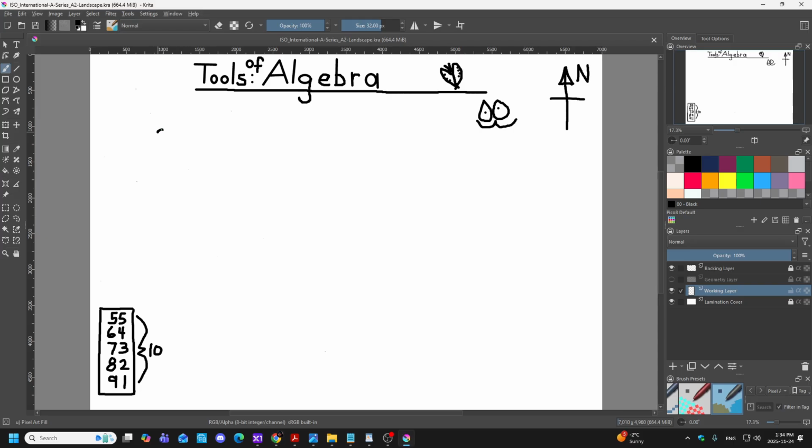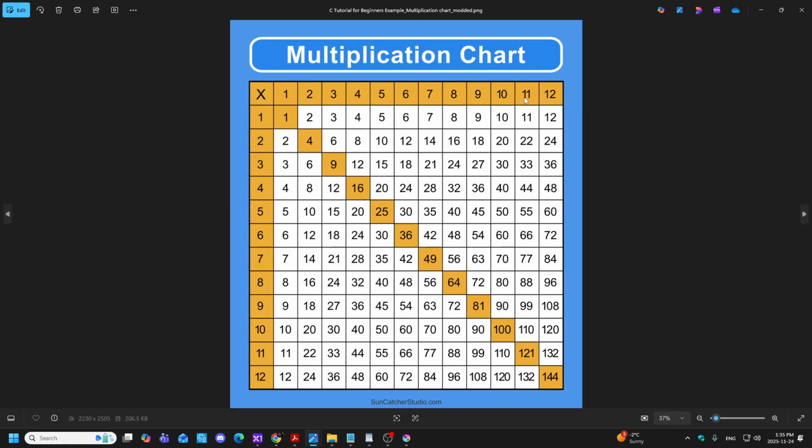Okay, last one. 2/3 multiplied by 1/11. Two. Looking at this, the 11's row is pretty easy to memorize up until you get to 9.